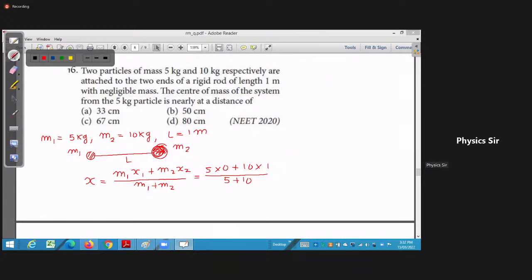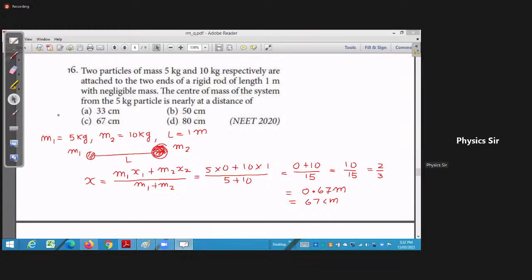Now this 5 into 0 will give you 0. 10 into 1 will give you 10. 5 plus 10 is 15. Now this will be 10 by 15, which is 2 by 3, which is 0.67 meter, which can be written as 67 centimeter. If it is 67 centimeter, then which answer is correct? The correct answer is A.